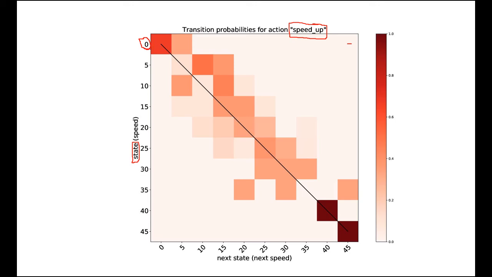So here you see most likely you are to end or to stay in this 0 speed, but you are also expected to move, and this is what I would have guessed, move to the next state, which is a higher speed because you've speeded up. Basically what you would expect is that everything goes in that direction, more precisely above this line.